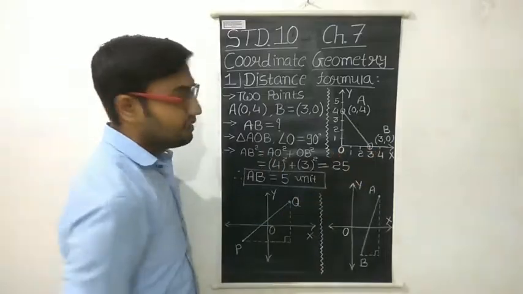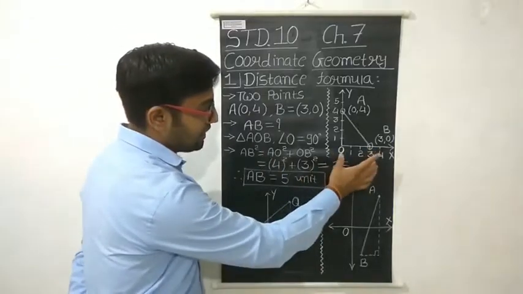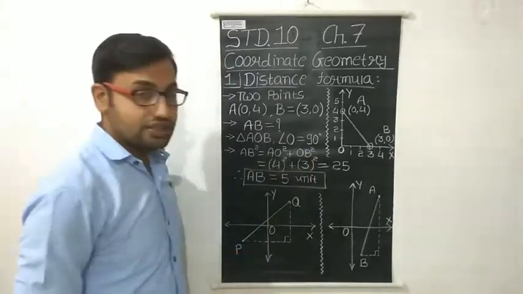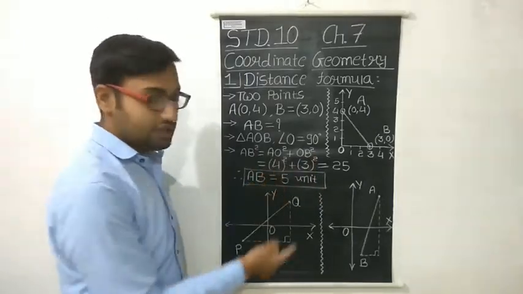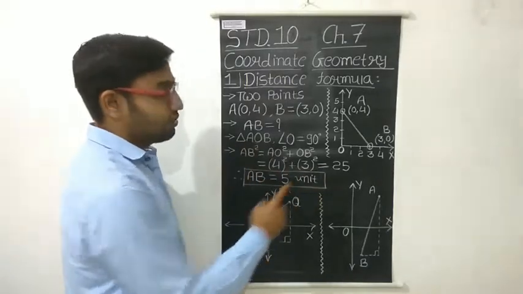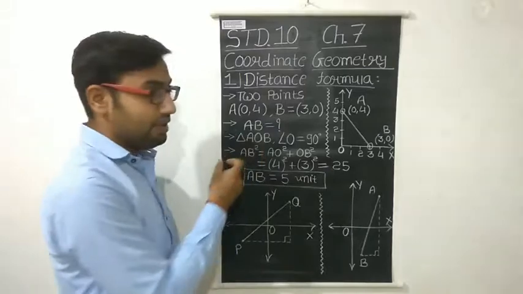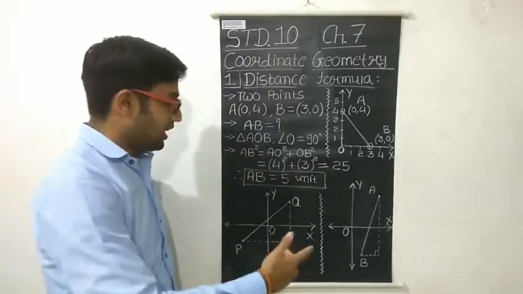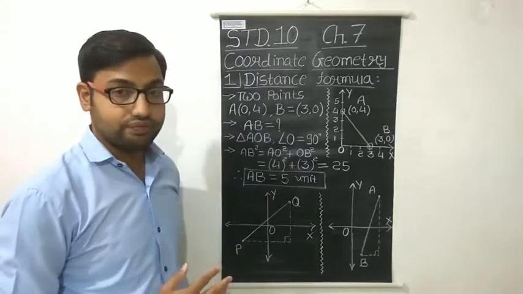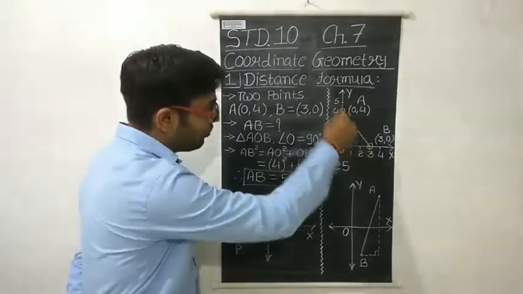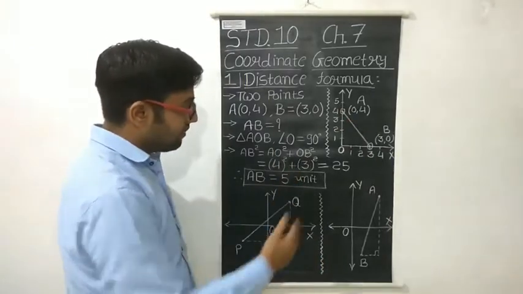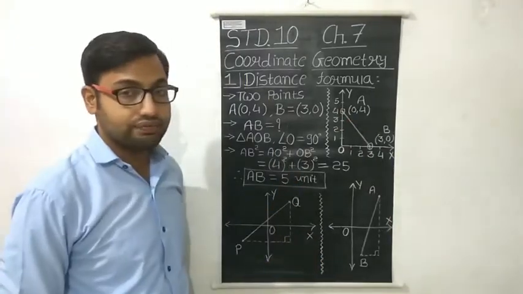OB is the distance of the point O to B, and that is 3. So we take OB as 3. 4 square plus 3 square, that is 16 plus 9, is equal to 25. So what we get? AB square is equal to 25. We want the value of AB. So by taking the square root on both sides, we get the value of AB is equal to 5 unit. So the distance from A to B is 5 unit.